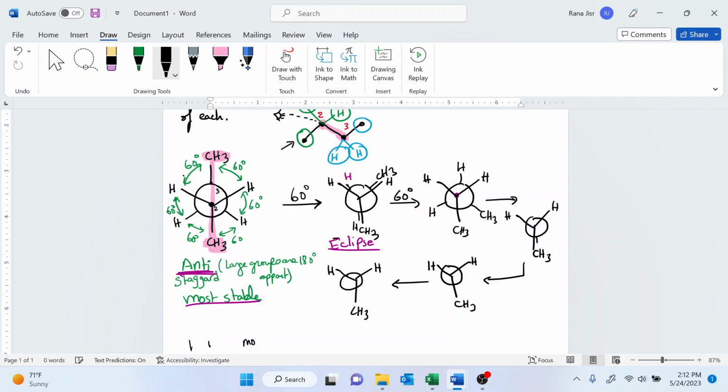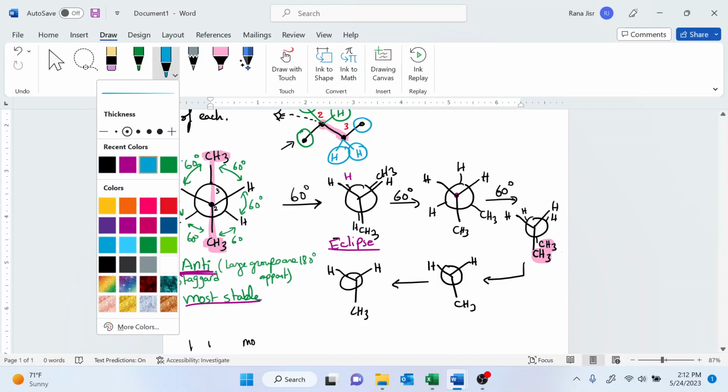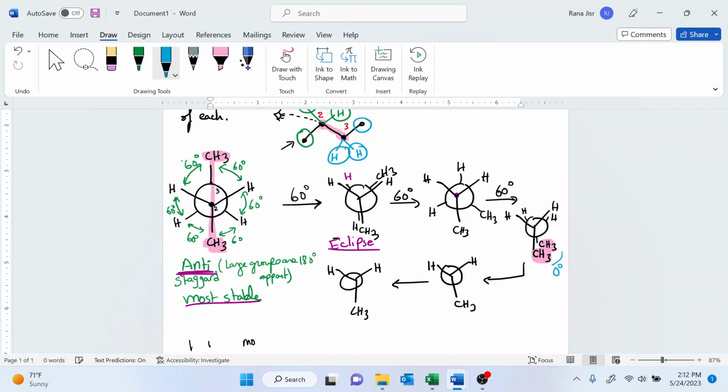Rotation of another 60 will end up getting you the fully eclipsed. Fully eclipsed is whenever you have the biggest groups in your Newman projection align with each other and they are 0 degrees apart. So see those two over here, they are 0 degrees.